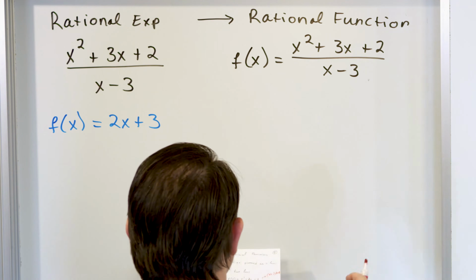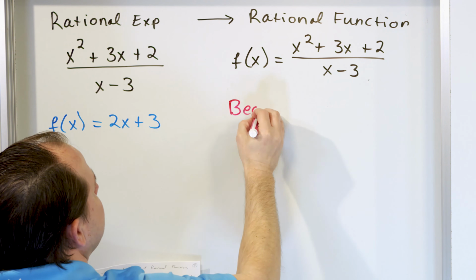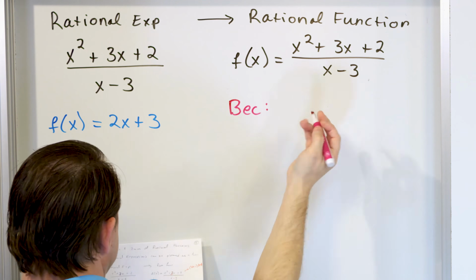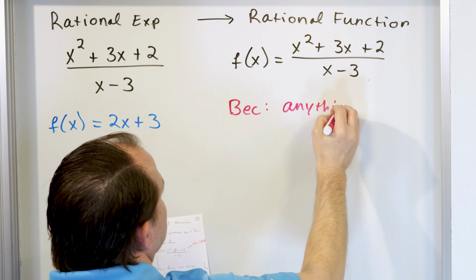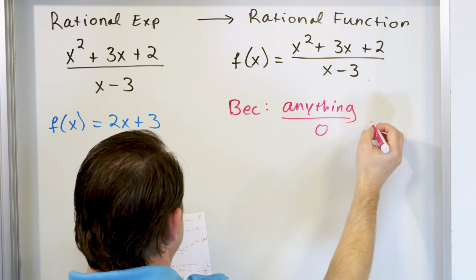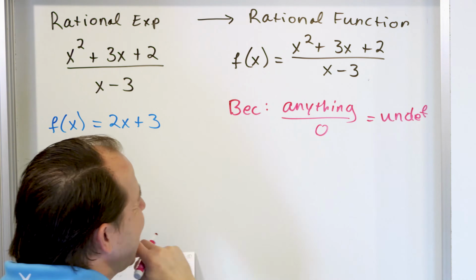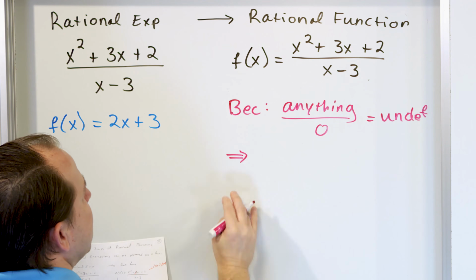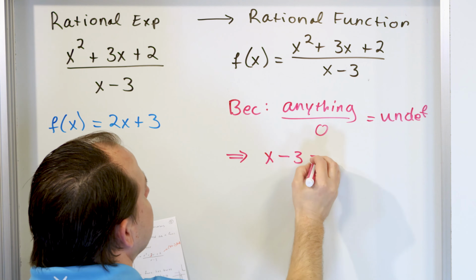So basically, anything over 0 is undefined. What that means is that because of that, what I take is the denominator, I set the denominator equal to 0.